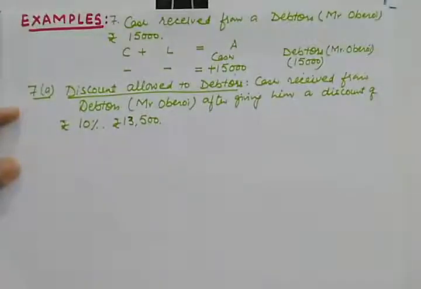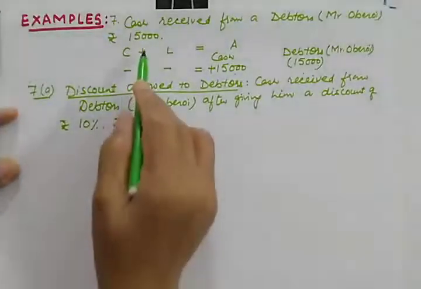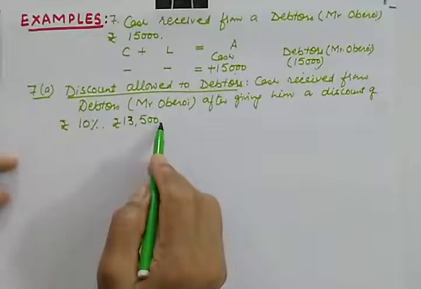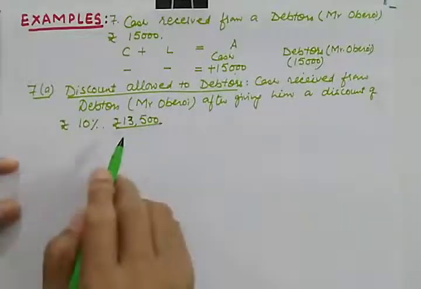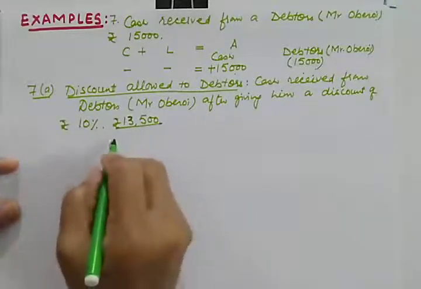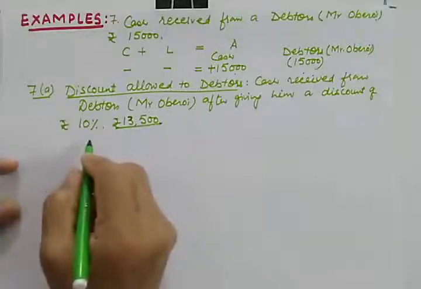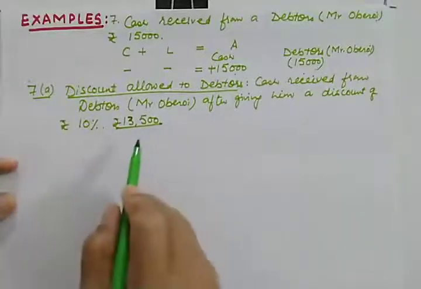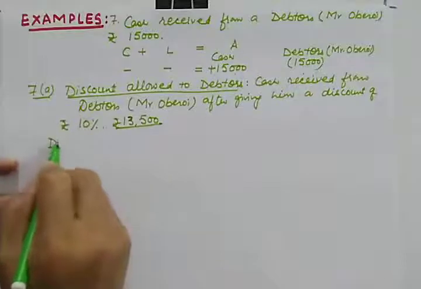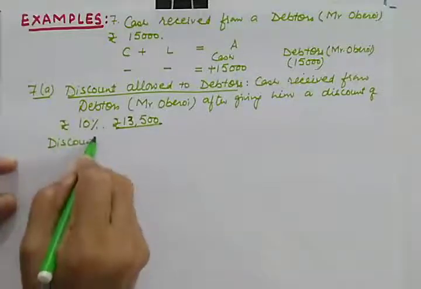So what is happening in this case? You are giving a 10% discount to your debtor, and the net amount which you are receiving is 13,500. So how many accounts are involved in this? So one is discount received.